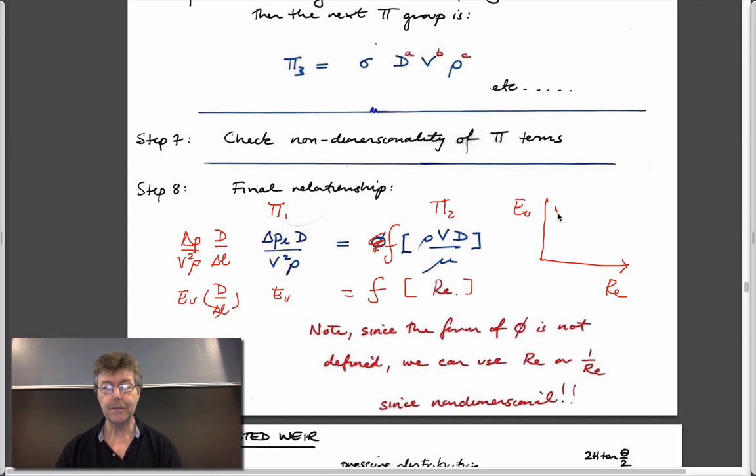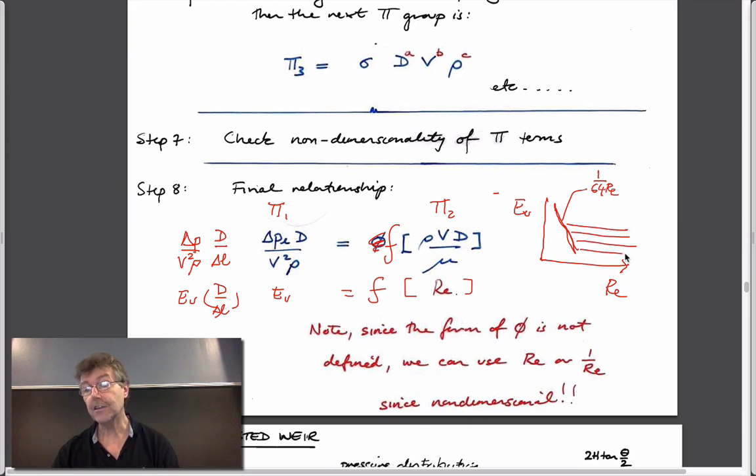It will look something like this. Take this on trust. We'll find out that we plot a friction factor, which is not to be confused with a function. So we will get a bunch of graphs when we talk about pipe flow that look like this. They're called Moody charts.